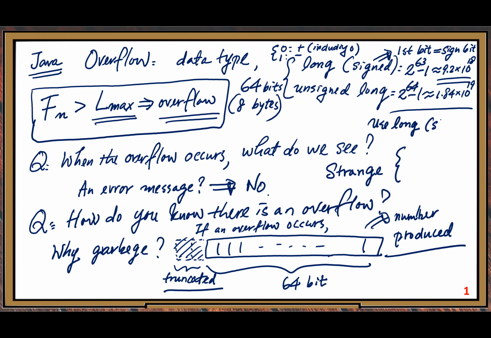We know it's signed long, not unsigned, because with unsigned you won't see the sign thing. There is a sign. If you use signed long, when you produce that number, you will see a negative number. Let me write: negative number produced.